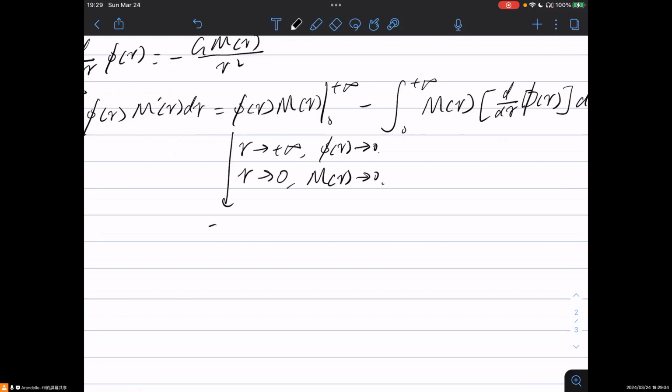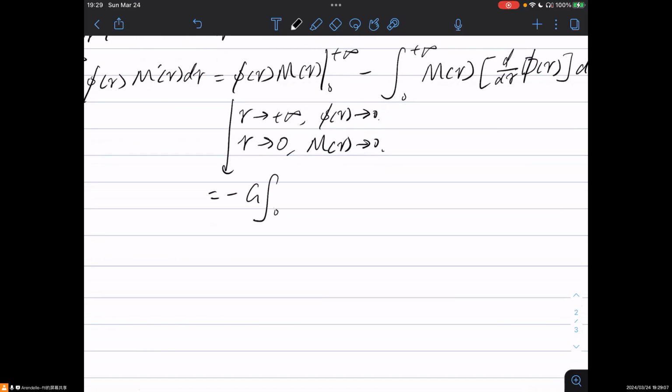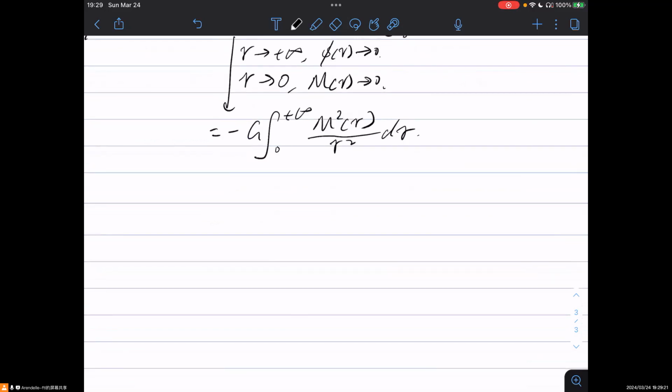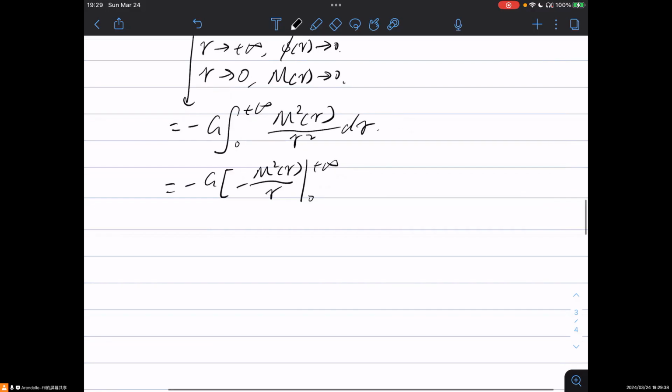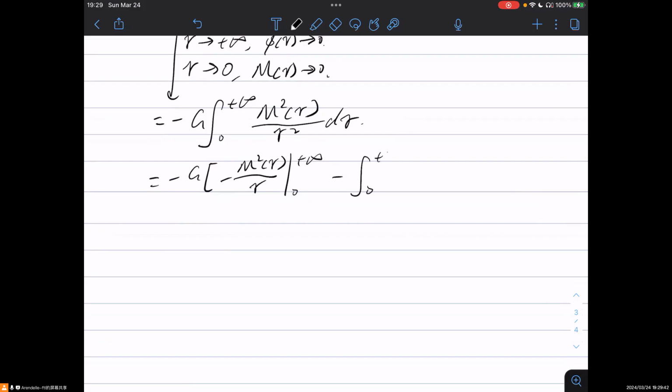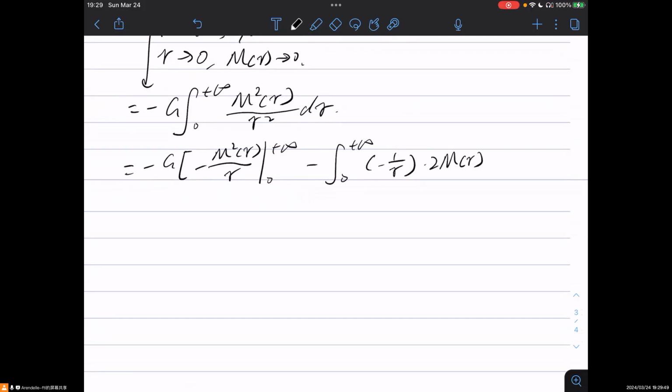So the first term vanishes, and we obtain minus G integral from 0 to infinity m squared(r) over r squared dr. And we integrate this by parts again, and we obtain minus G [minus m squared over r] from 0 to infinity minus the integral from 0 to infinity of minus 1 over r times 2 m(r) m prime(r) dr.